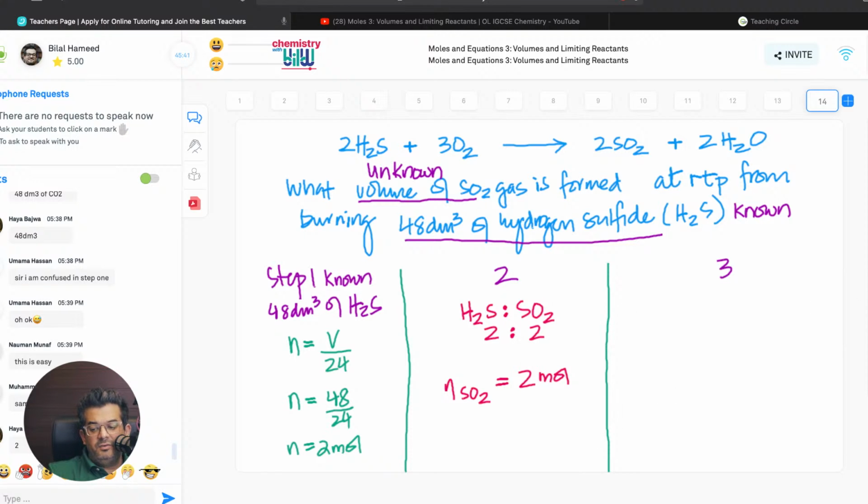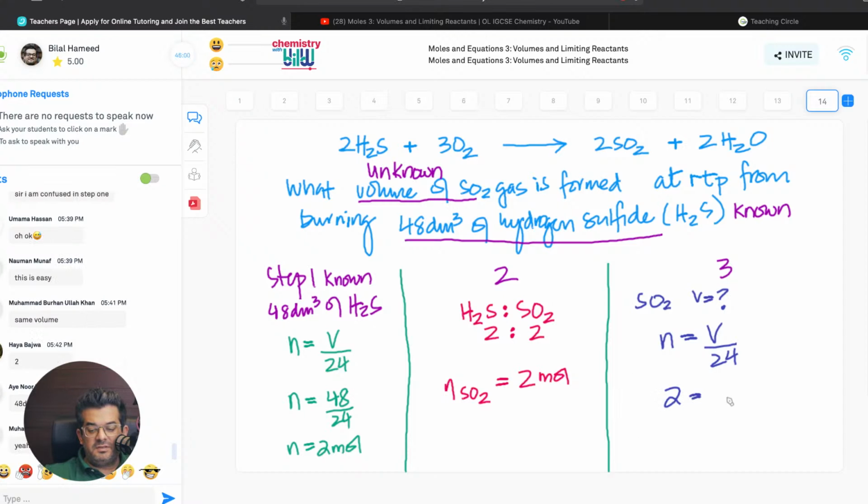So 2 moles will make 2 moles. उसके बाद क्या पूछा गया है? The volume. So now SO2 का volume निकालना है. Which formula will I use? Again, volume के लिए एक ही formula है. Volume of gas, volume of 24. So 2 moles, absolutely. This comes out to 48 dm cube.